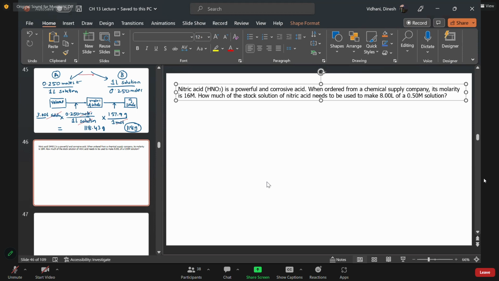Okay. So how about solving this problem? You are given nitric acid, and we know it is a powerful corrosive agent. In fact, it's quite an acid, but not as strong as sulfuric acid, right? But if you mix nitric acid with hydrochloric acid, do you know what it forms?